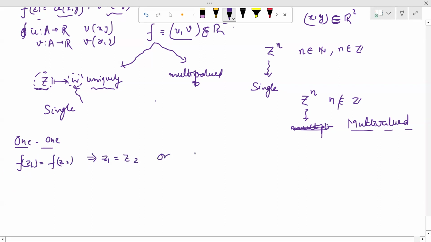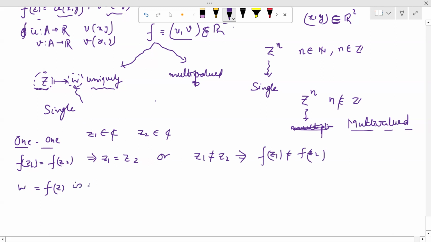Or if z1 is not equal to z2, then f(z1) is not equal to f(z2). If this is the case, where z1 and z2 belong to the set of complex numbers, then we say that our mapping w equals f(z) is a 1-1 mapping.